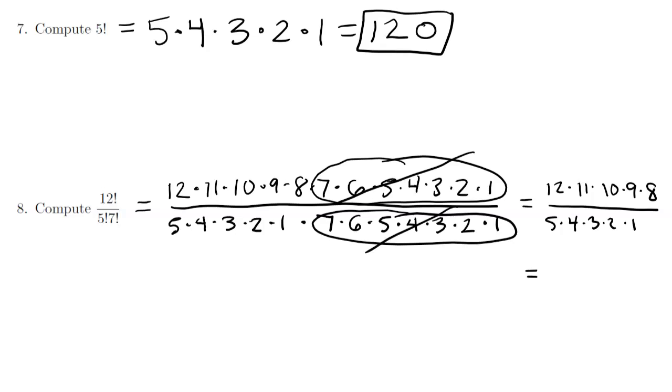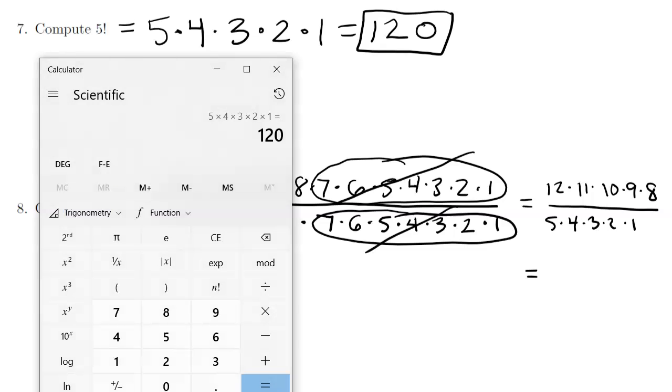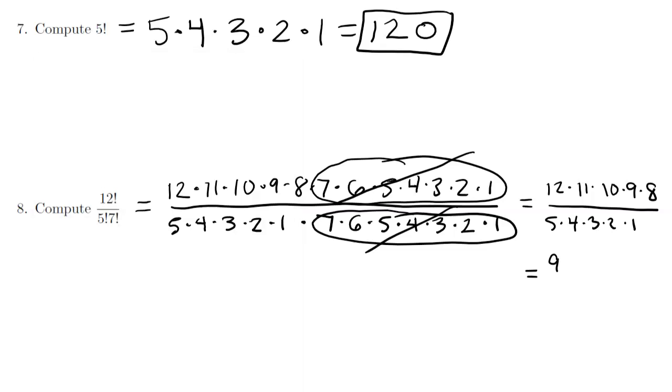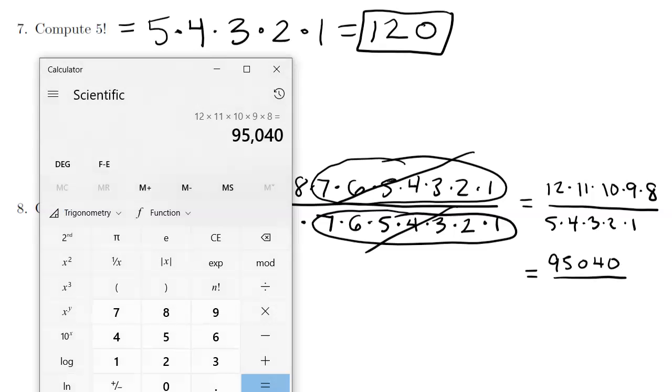And then we would compute what those 2 different things are. I typically just do them separately, so do the top first. So 12, 11, 10 times 9 times 8 is where we stop. So that one is 95,040. Let me just double check that I did it right.